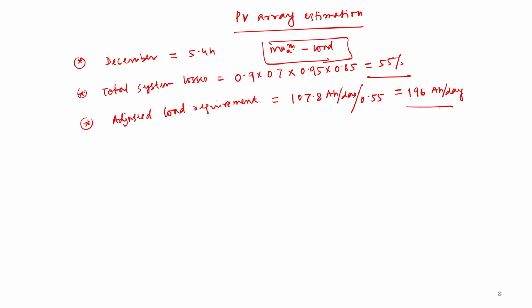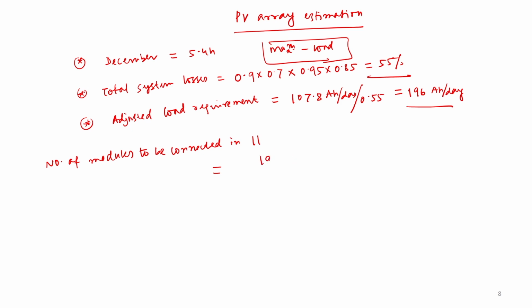If we have to find out the number of modules to be connected in parallel, we take the adjusted load ampere hour requirement to the module peak current output and peak sun hours.